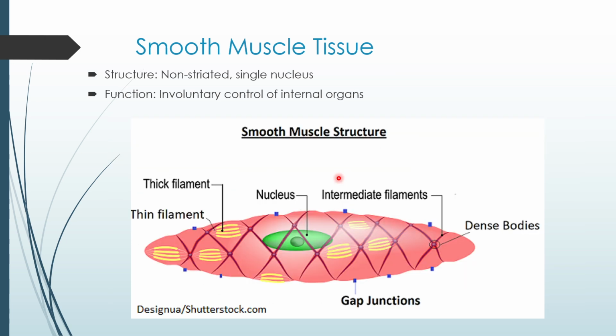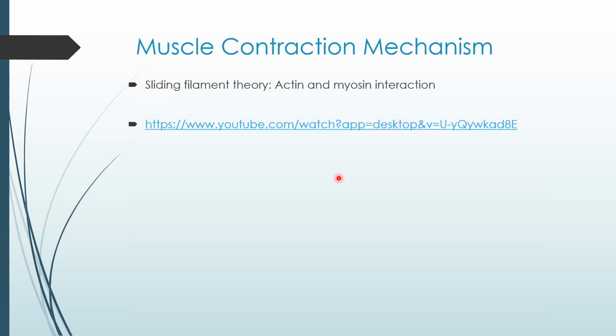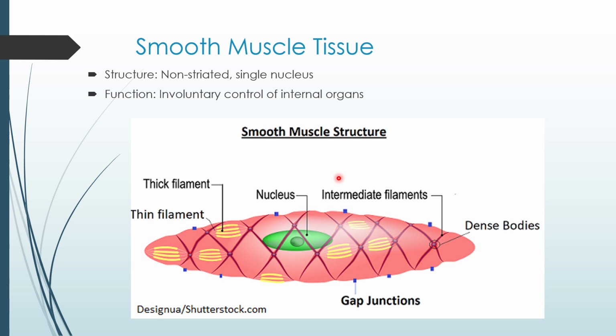Right, the third and last type of muscle we will be having here is smooth muscle tissue. These muscles are placed in the other organs apart from the heart tissue and the skeletal tissues, right? So the structure is non-striated with a single nucleus.